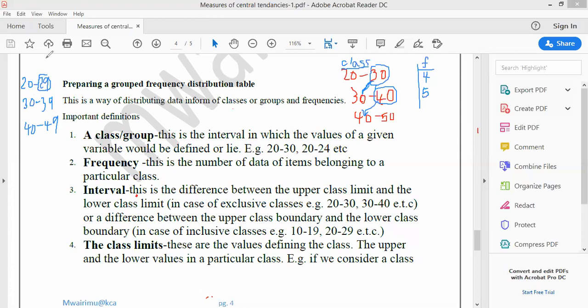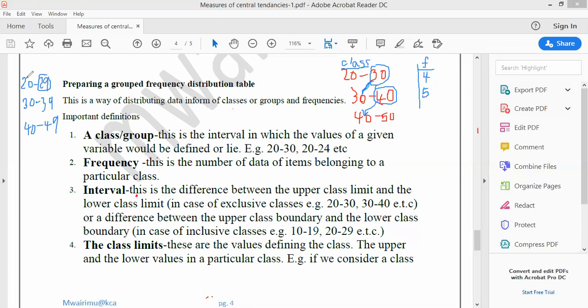So when I am writing down my classes, these types of classes that I've used in this particular case are called inclusive classes. I repeat, these classes are called inclusive classes, where both the lower value in the class and the largest value in that particular class, which we normally call the upper limit, are included in that class.